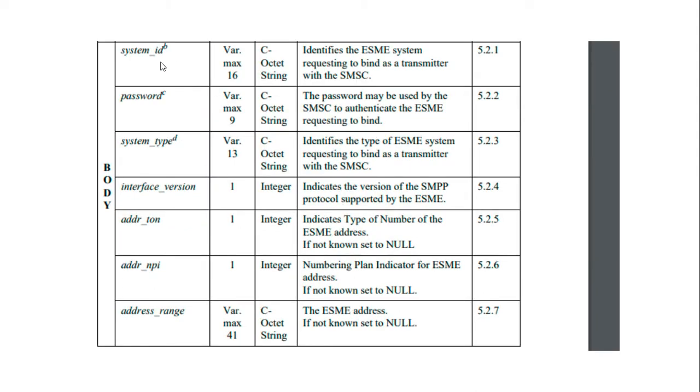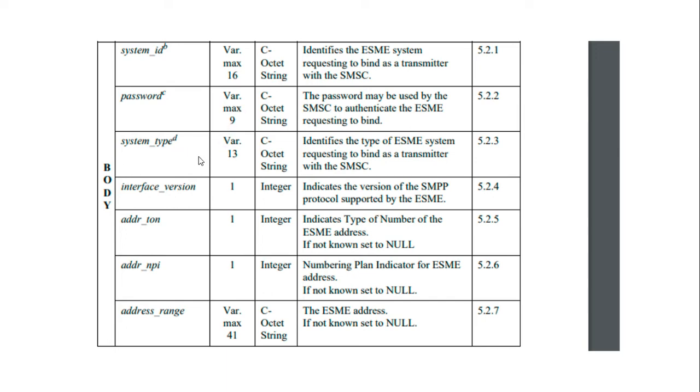This system ID is provided by the operator who will provide you the ESME, and the password is also provided by them. These are max 16 bytes, then max 9 bytes, 9 octets.